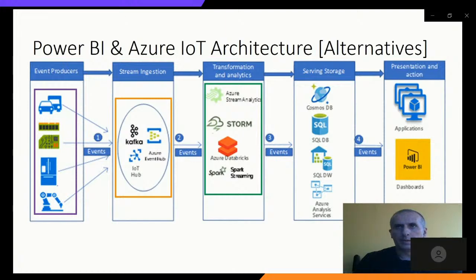It is possible to have Azure Databricks for processing or Apache Storm, and it is possible also to use different data storages, but in any case, Cosmos DB is one of the most applicable options for data persistence, and Power BI is one of the most popular options for data analytics and visualization.